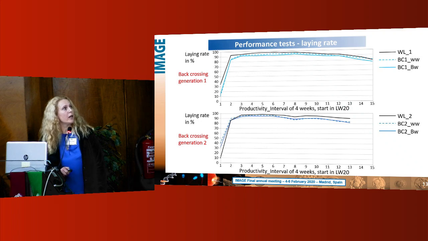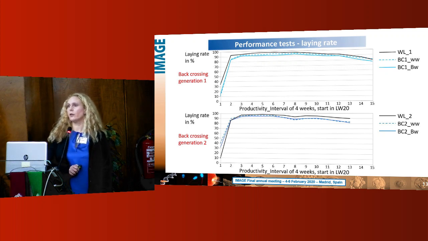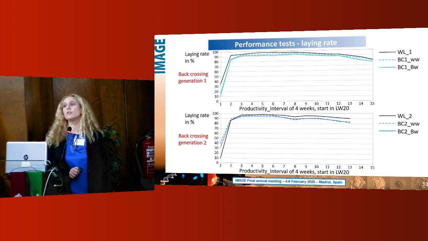You can see here on the x-axis the productivity intervals, and on the y-axis the laying rate in percent. On the top you see the results for the backcrossing generation 1, and at the bottom the results for the backcrossing generation 2. The blue lines are of both genotypes for the blue eggshell color, and the black lines are the respective control groups.